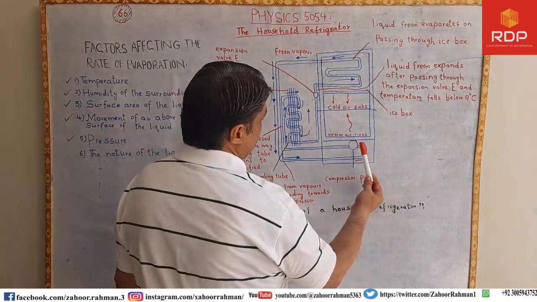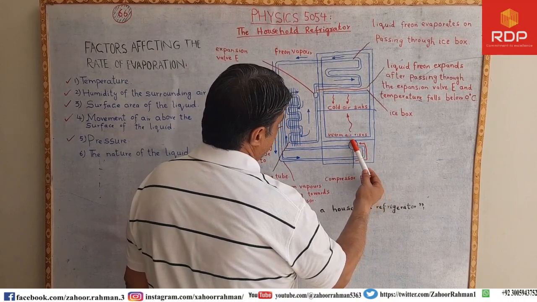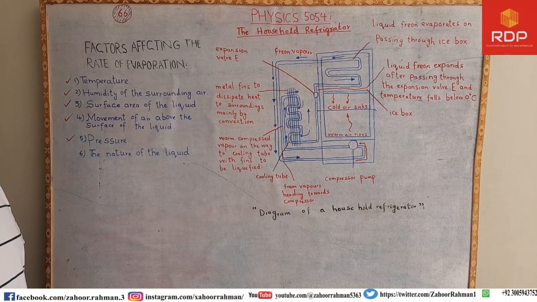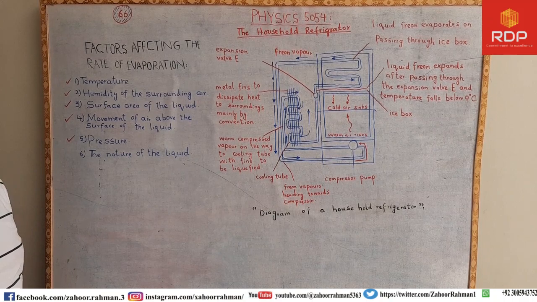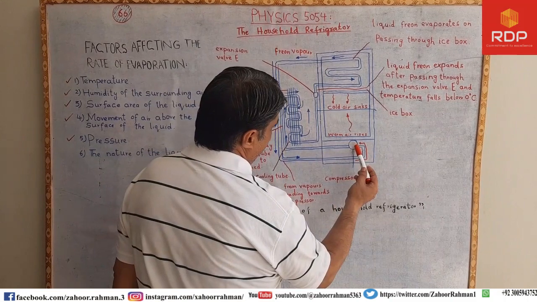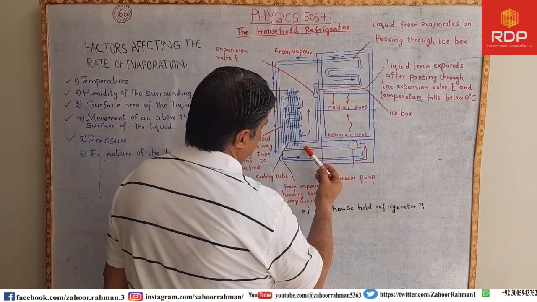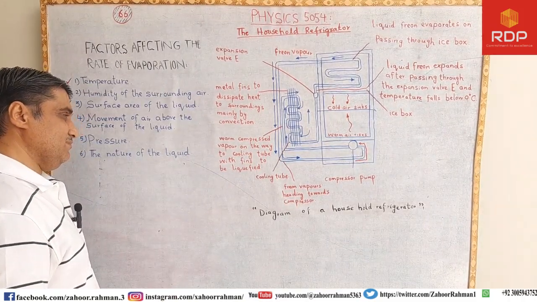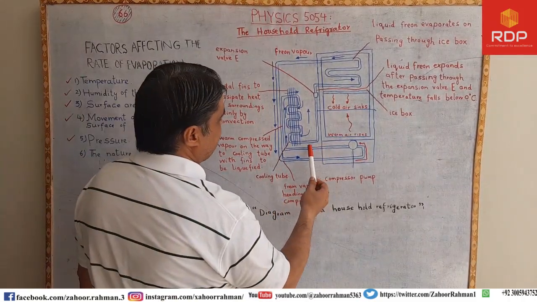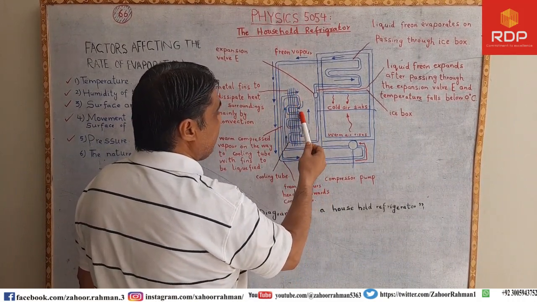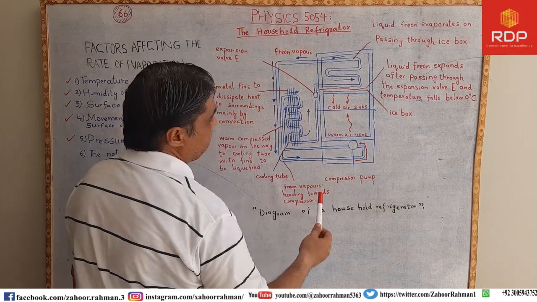When that vapor enters the compressor, you can observe the compressor in the big compartment of the refrigerator. The compressor compresses the freon gas and converts it into liquid form and pushes it to these cooling tubes. These are the cooling tubes.